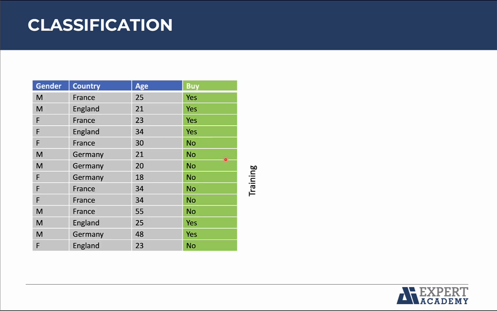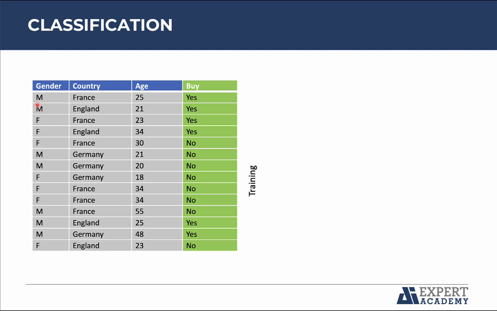There is another example: the gender of the person, the country, the age, and the class is buy, whether the customer is going or not to buy a certain product. Again, it is historical data.